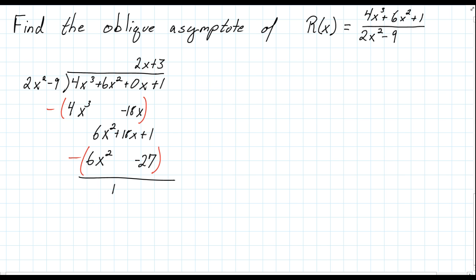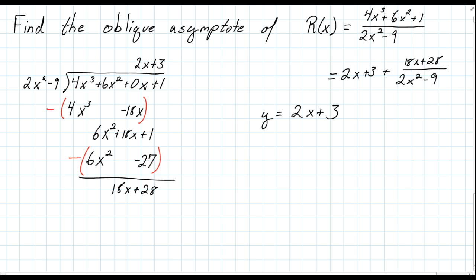And I end up with 18x plus 28. So that my rational function equals 2x plus 3 plus (18x plus 28) over (2x squared minus 9). And so my oblique asymptote is going to be the line y equals 2x plus 3.